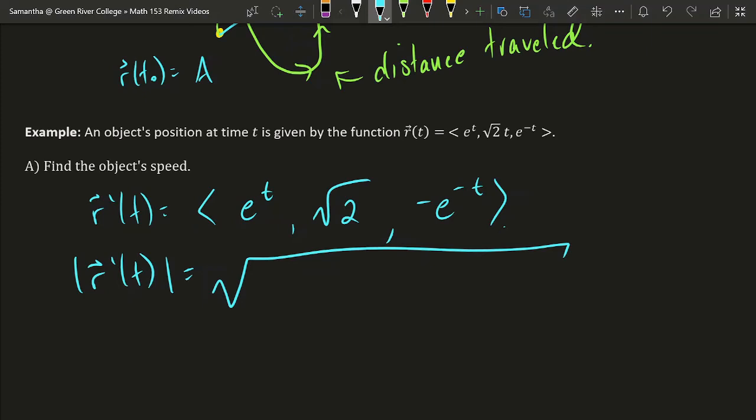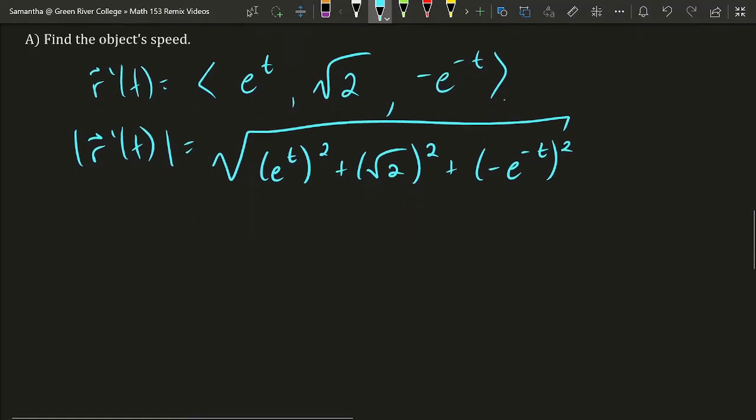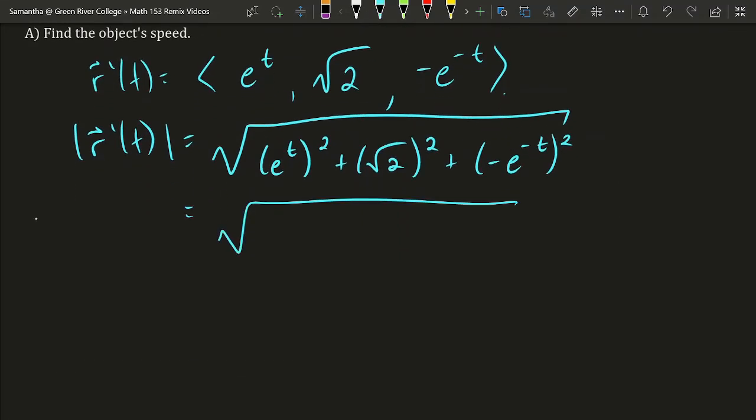So the square root of e to the t quantity squared, of root 2 quantity squared, and of negative e to the negative t quantity squared. Let's clean that up. That would be equivalent to the square root of e to the 2t plus 2 plus e to the negative 2t.